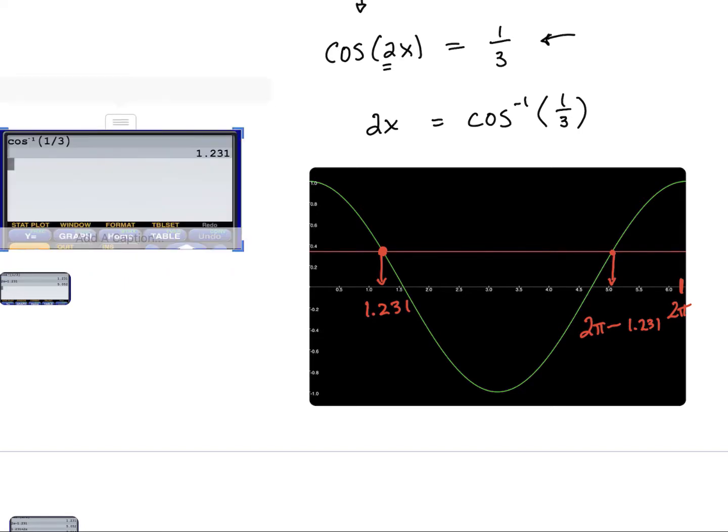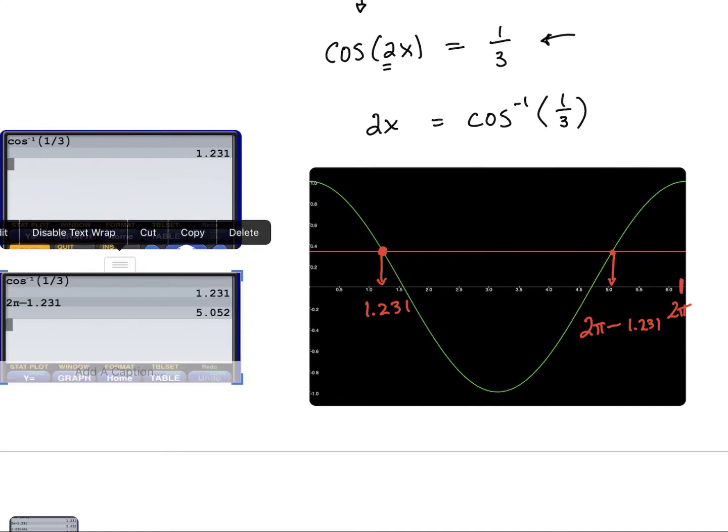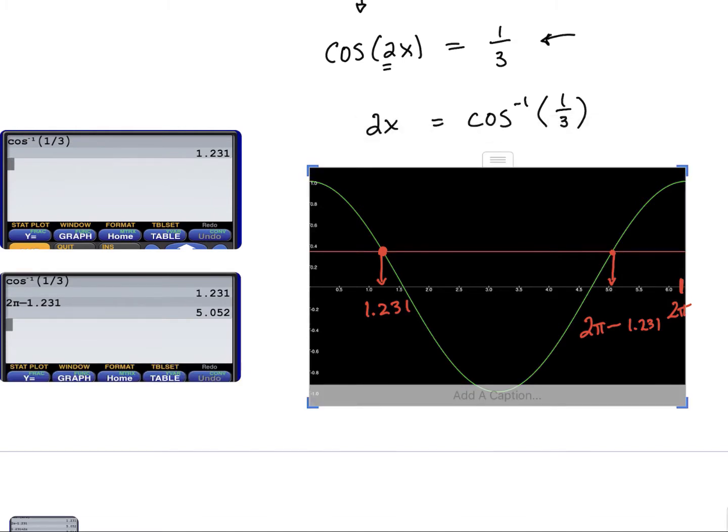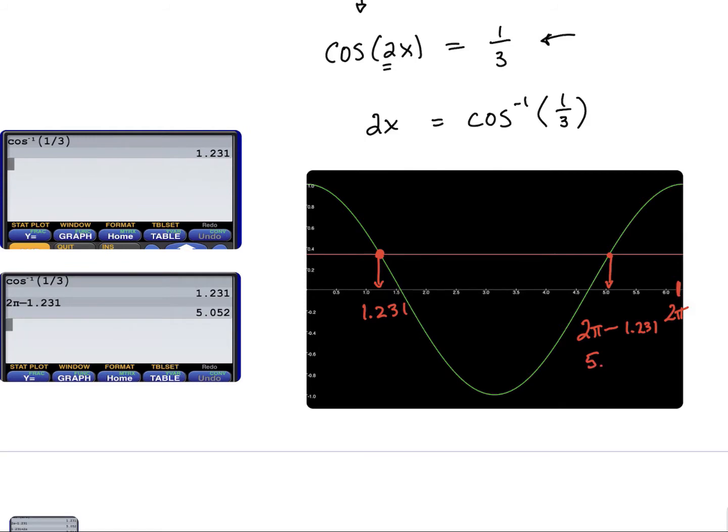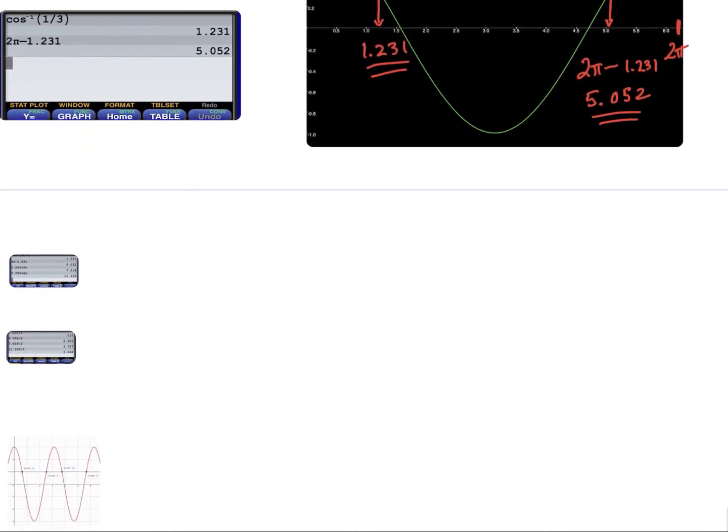Bringing up my little calculator, that means this other one is 5.052. Okay, so we've got these two. Now keep in mind that still is what 2x equals. So then move down to the next page, and we've got 2x equals 1.231, and also 2x equals 5.052.